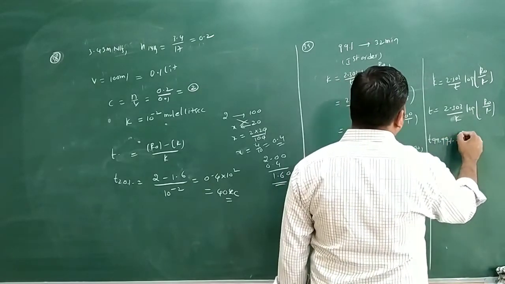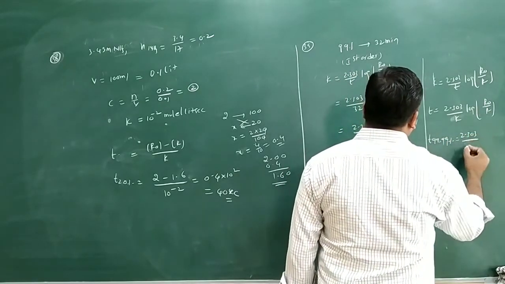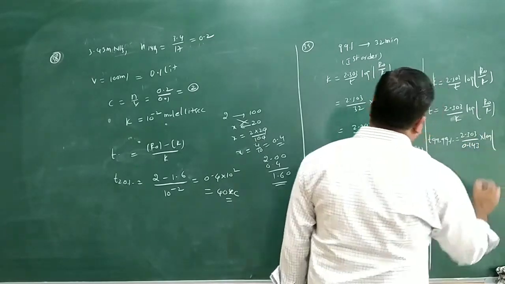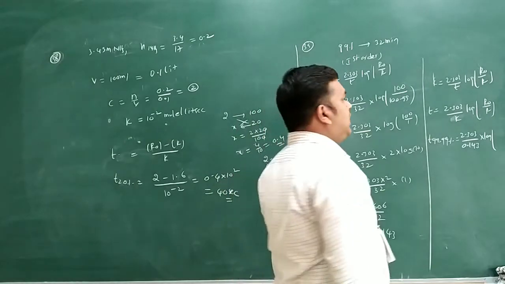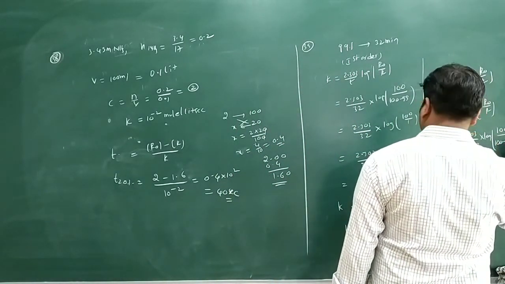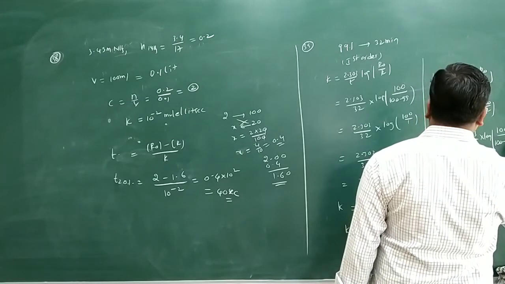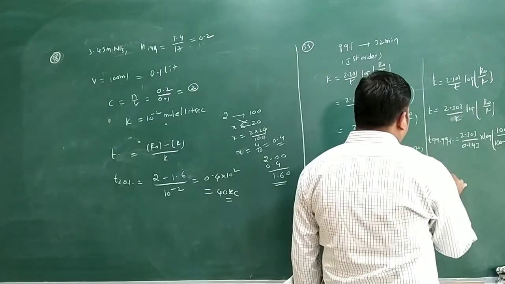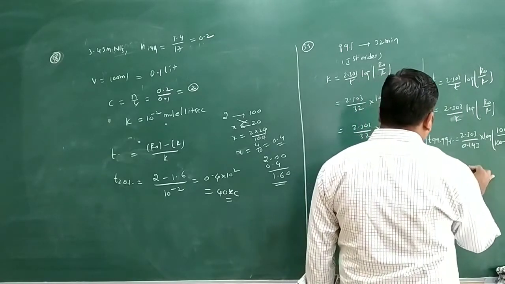So T 99.99% is equal to 2.303 by 0.143 into log of initial concentration 100 by 100 minus 99.99.